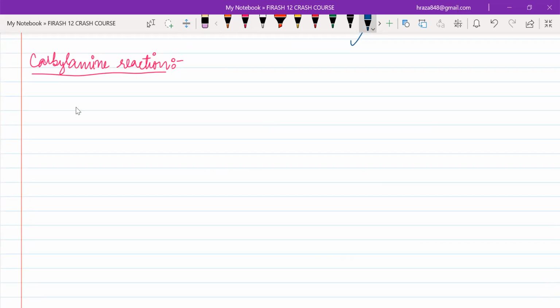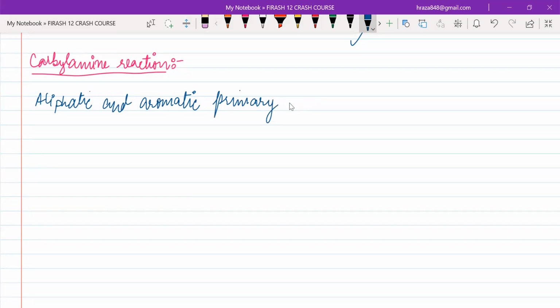It is also known as carbylamine reaction and isocyanide test. If you have either aliphatic or aromatic, and in aromatic it should basically be an aromatic primary amine. Secondary and tertiary do not react, so primary amine.